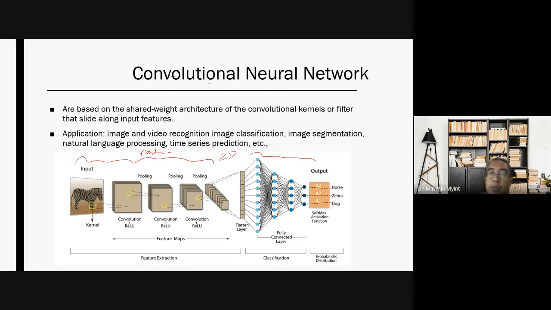For the first part, it just extracts the features, so we call it feature extraction. The second part we call classification. It uses a multi-layer perceptron neural network with many layers to classify the object or image.